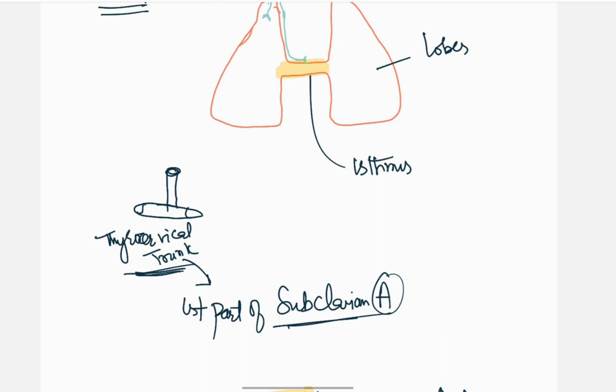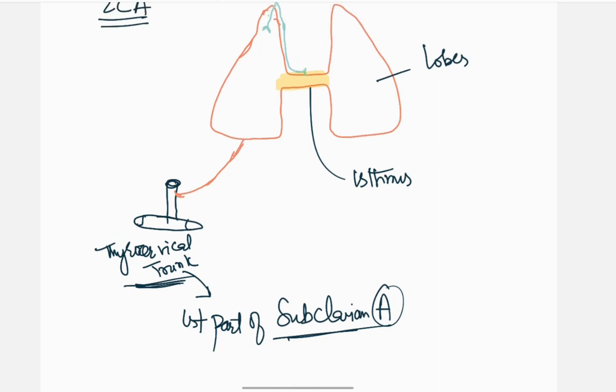The thyrocervical trunk gives rise to a branch which enters from the lower lobe of the thyroid gland and gives numerous branches.